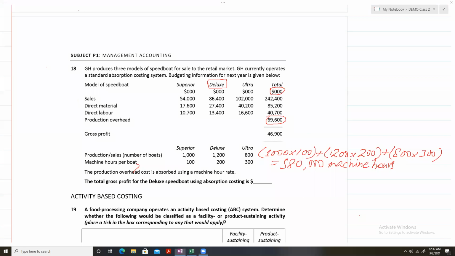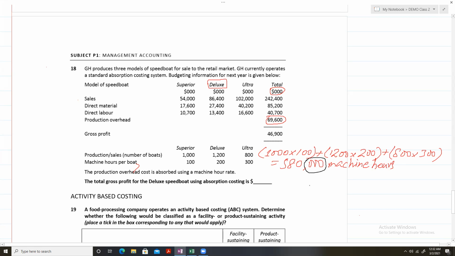So what we will do is take the figure to the nearest thousand. Instead of 580,000, we will make it just 580. When we round it to the nearest thousand, we will take 580 instead of 580,000. And here we are given numbers rounded to the nearest thousand.